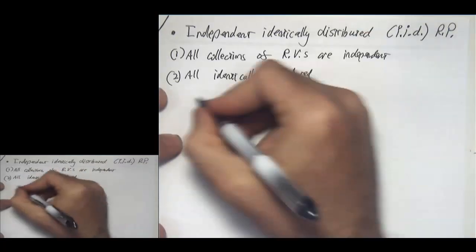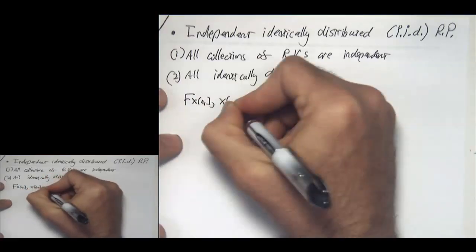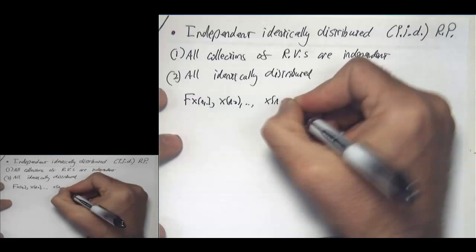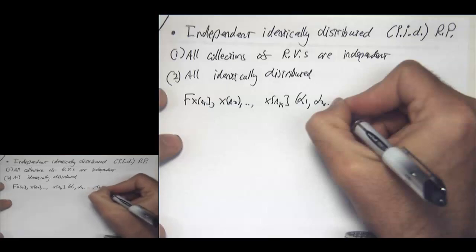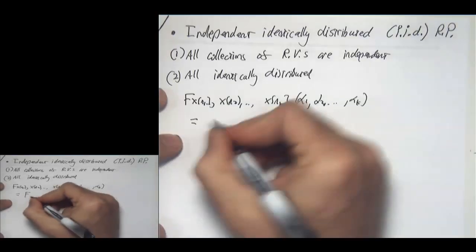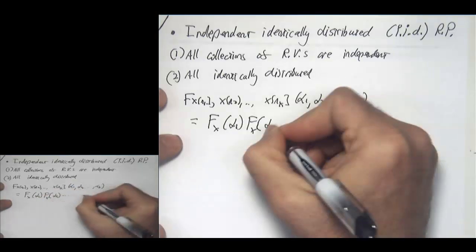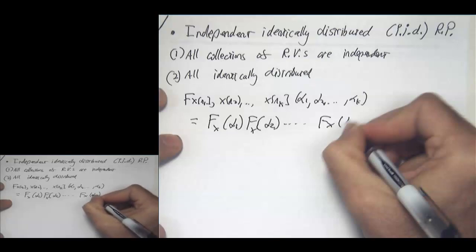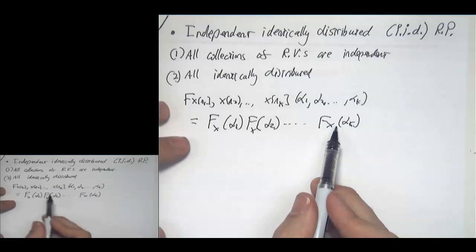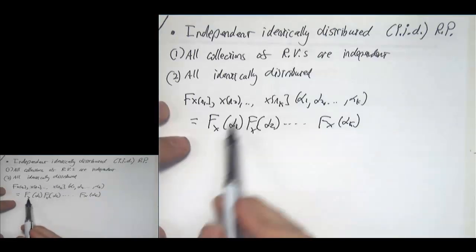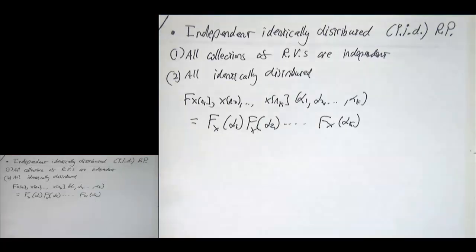What that means is that your joint distribution function F_{X[n1],X[n2],...,X[nk]}(α1, α2, ..., αk) is equal to F_X(α1) F_X(α2) ... F_X(αk). So the fact that we're multiplying all these together is the independence, and the identically distributed part is that this is F_X, not F_{X[n1]}, F_{X[n2]}. So that's just a very common kind of random process that we'll consider.